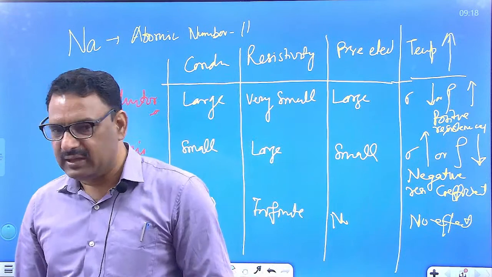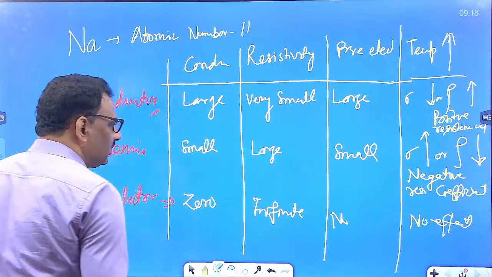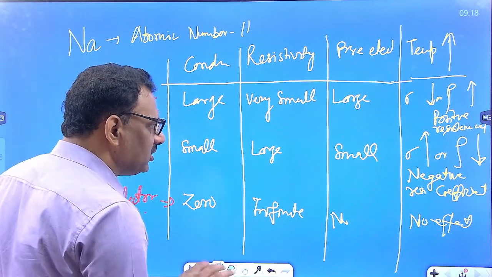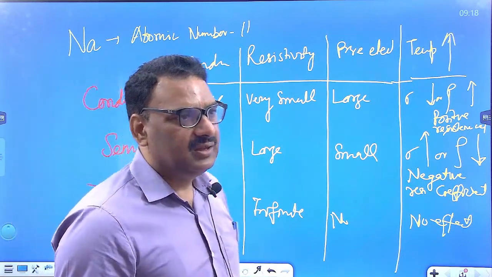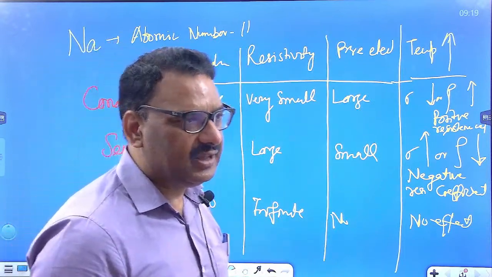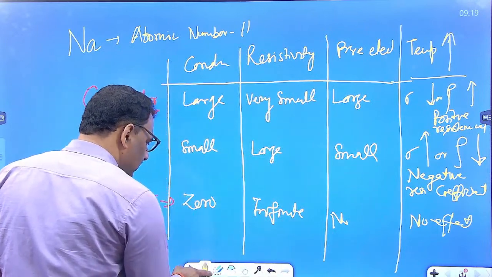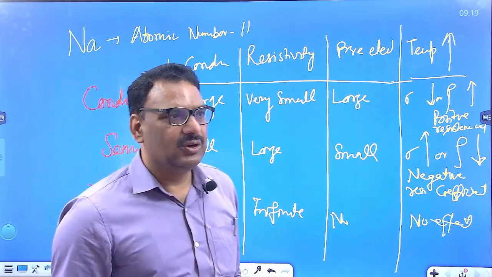Nowadays we have an important concept of the band diagram. On the basis of band structure, we can differentiate semiconductor, conductor and insulator. So what is band theory? We have different theories to explain this.